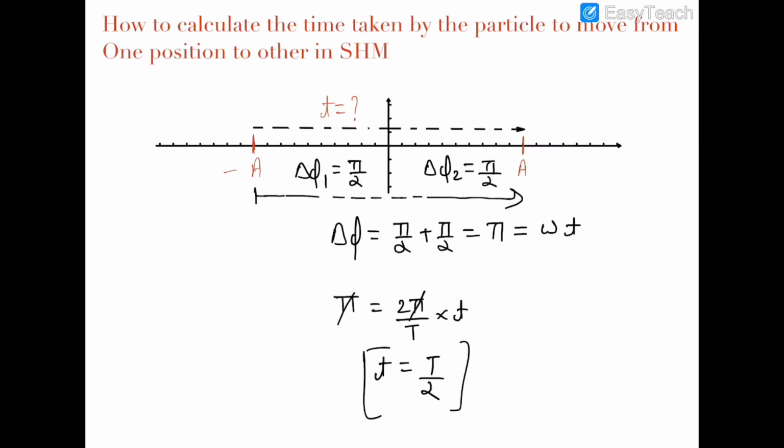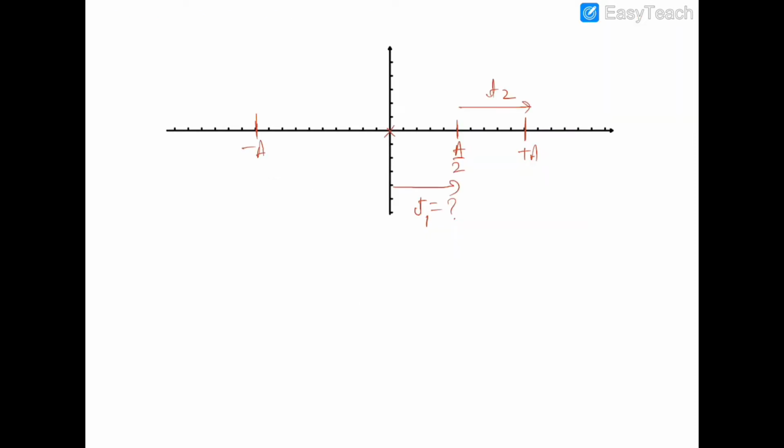So this was just an illustration to demonstrate how to calculate the time taken by the particle to move from minus a to plus a. But if this question was being asked in an exam, then we would have calculated this time by the time of half cycle only, which we can directly say is T by 2.